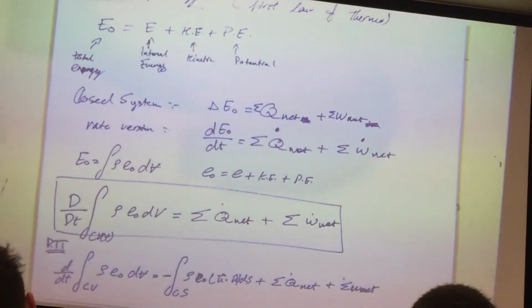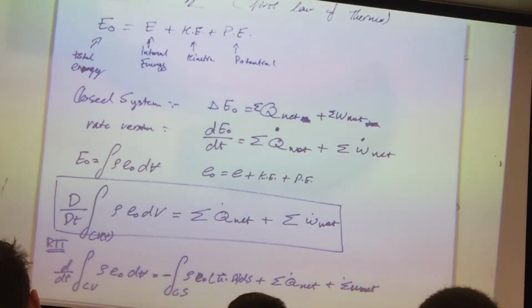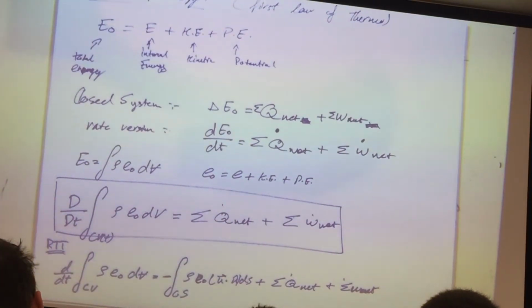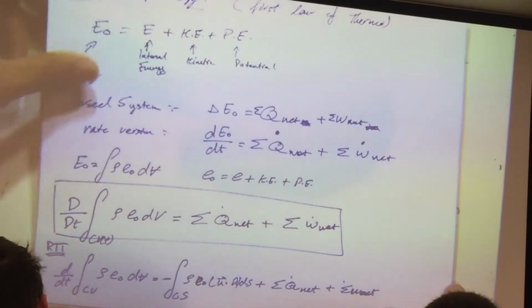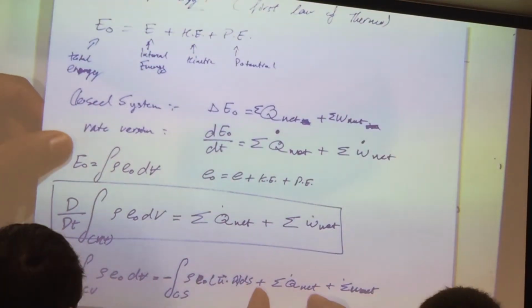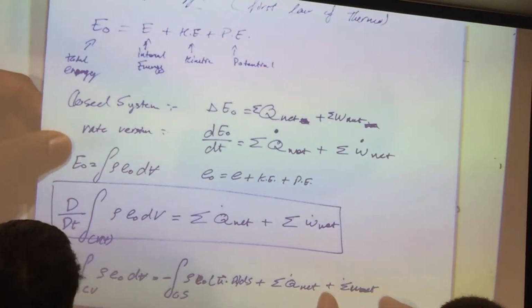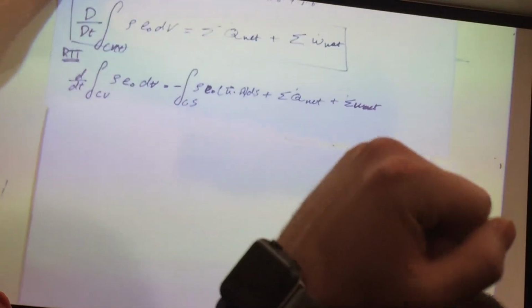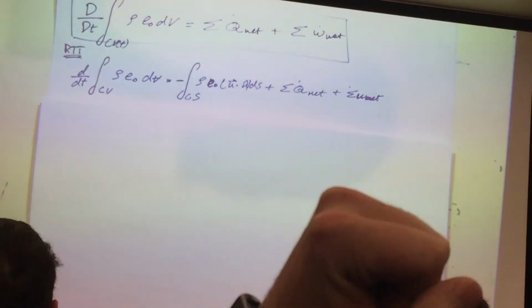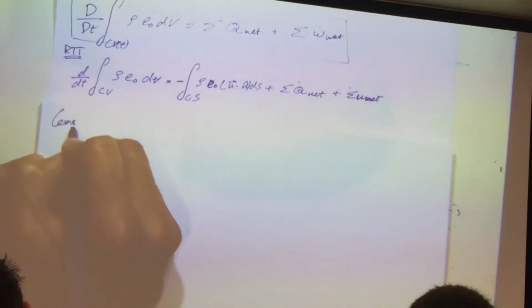Take this Reynolds transport theorem, which fixes my volume, and look at what goes in and out in terms of the control surface. So let's decompose the work and the heat. Let's expand those. Consider work first.